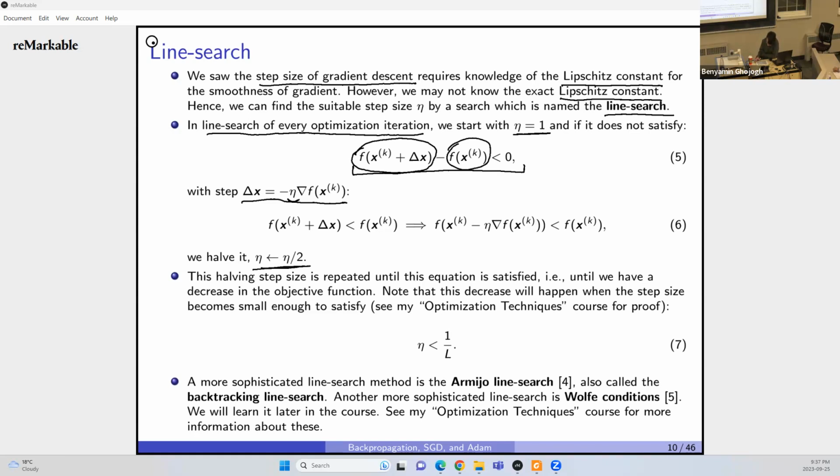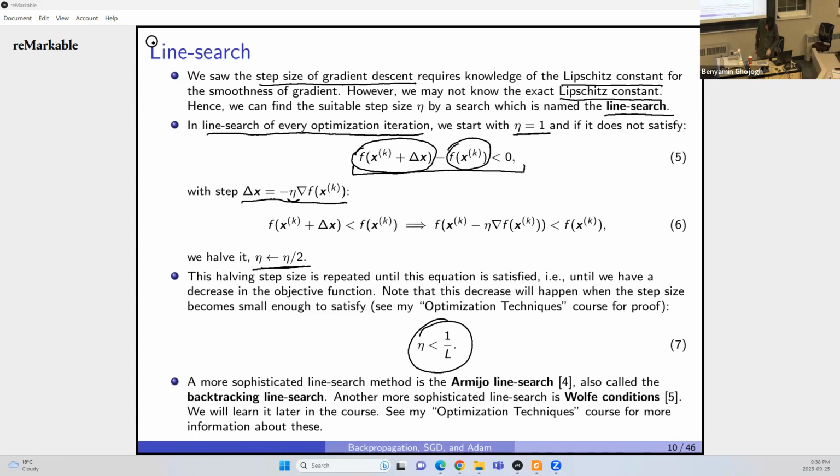When you do this, you are basically searching for an eta which is less than 1 over L. You don't know the value of the Lipschitz constant L for the smoothness of the gradient or function. You start from some eta and decrease it until eta becomes less than 1 over L, because we know that 1 over L is the actual eta that we are looking for.